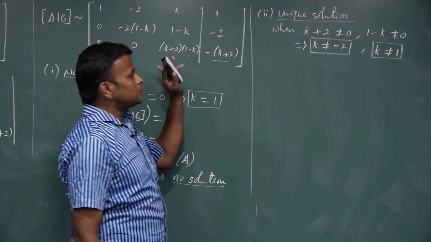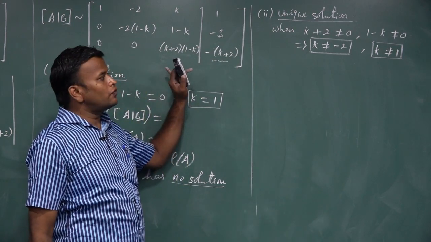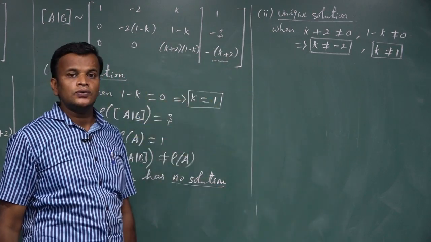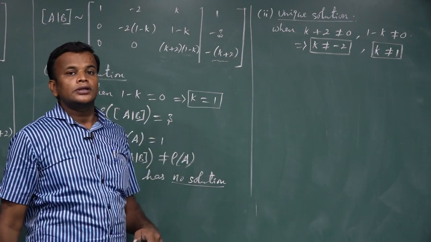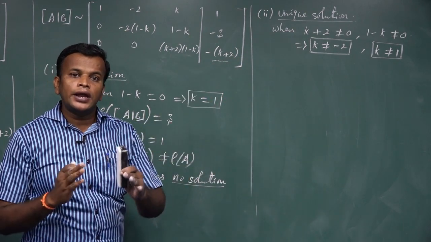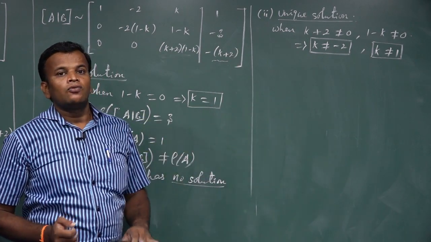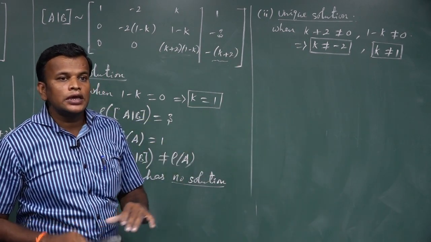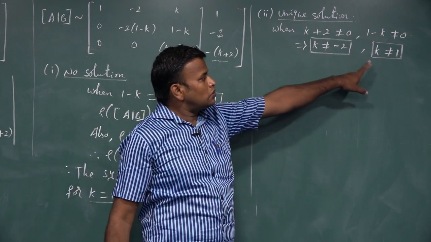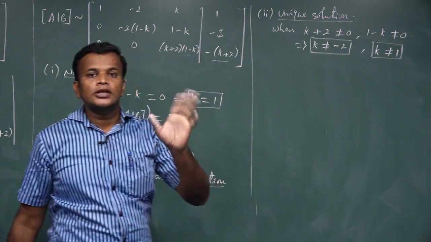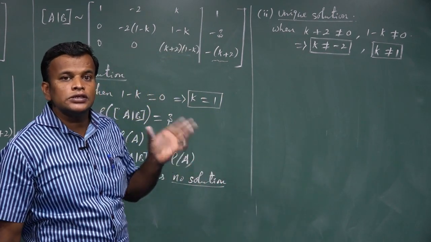So in this system, we replace the value of K with K not equal to minus 2 and K not equal to 1. That means we can put an infinite number of values for K, except these two. For example, I will take the value of K as anything except minus 2 and 1. The value of K is 0.